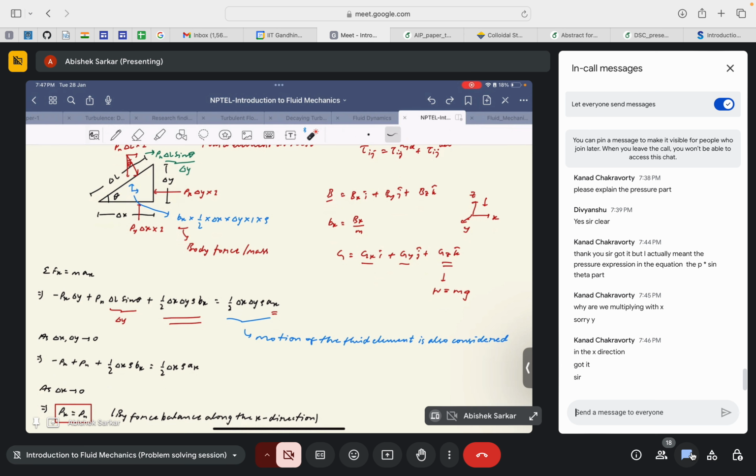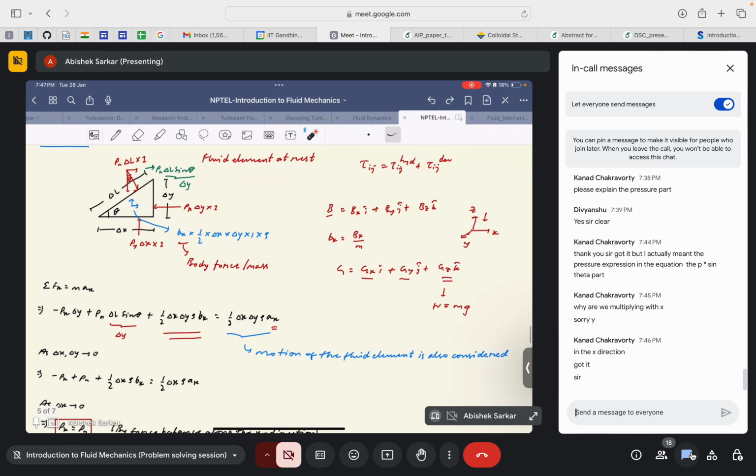So we replace delta L sine theta by delta y.